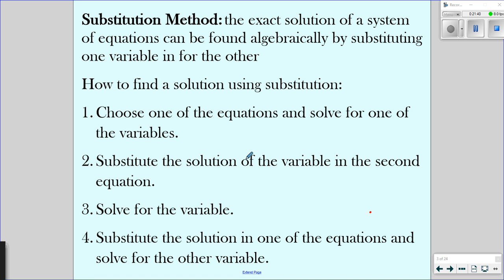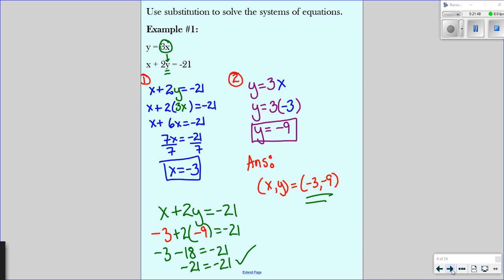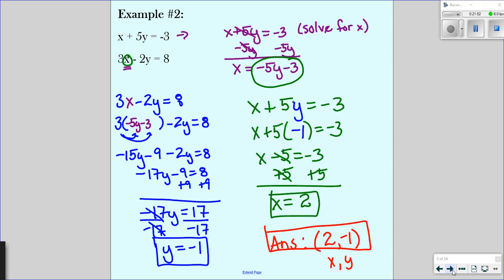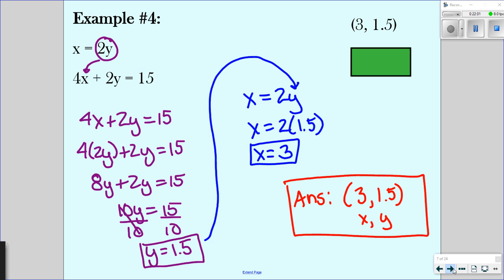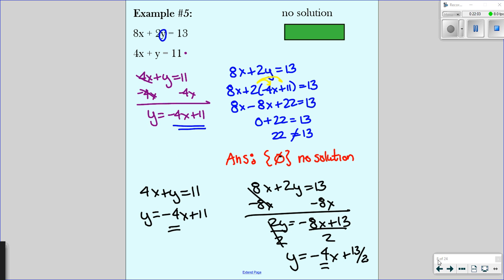Once you find that variable, then you find the next variable and you get the point of intersection for those two lines. There are different types where you'll have one solution. There are others where you have infinitely many solutions. Basically, it's the same line. And then you're going to have another one where there's no solution because the lines are parallel.